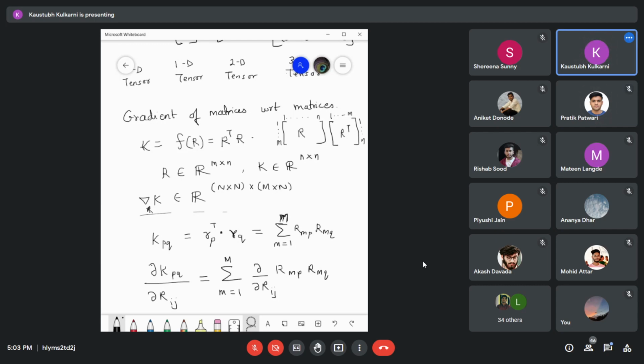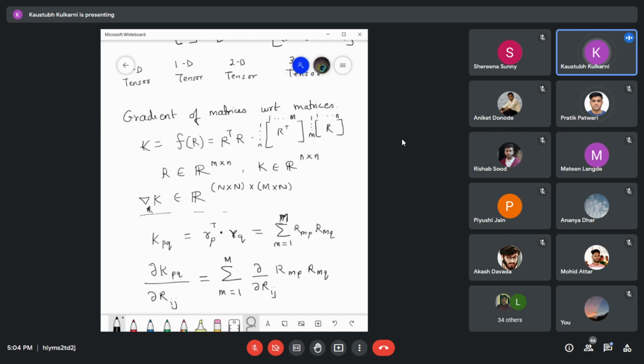So let me rewrite this. R transpose multiplied by R: this will have n rows and m columns, and this will have m rows and n columns.